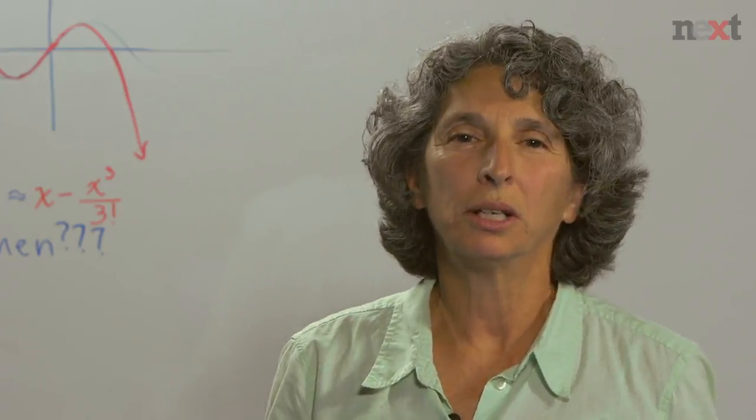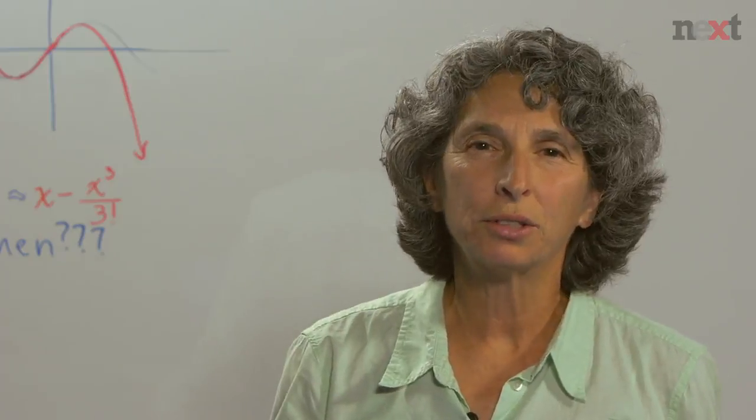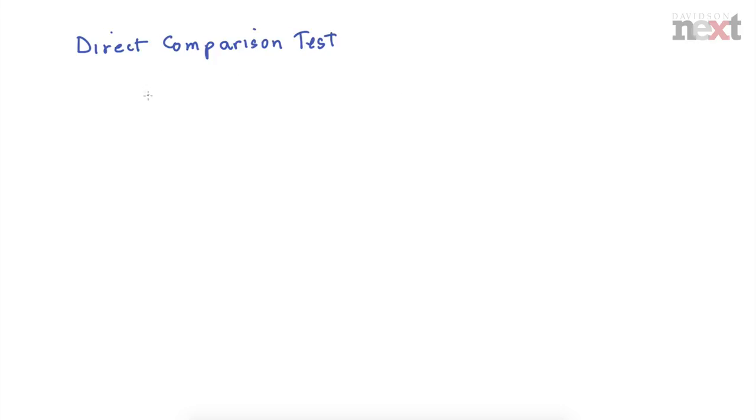We have a couple of other tests that deal with the relative growth rates of a series. If we can show that our series grows faster than a divergent series, we know our series will diverge. If we can show our series grows slower than a convergent series, then our series will converge. And we have two ways to do this. One is called the direct comparison test. If we can compare the terms of our series with the terms of another series, and we know how that other series behaves, we'll know how our series behaves.